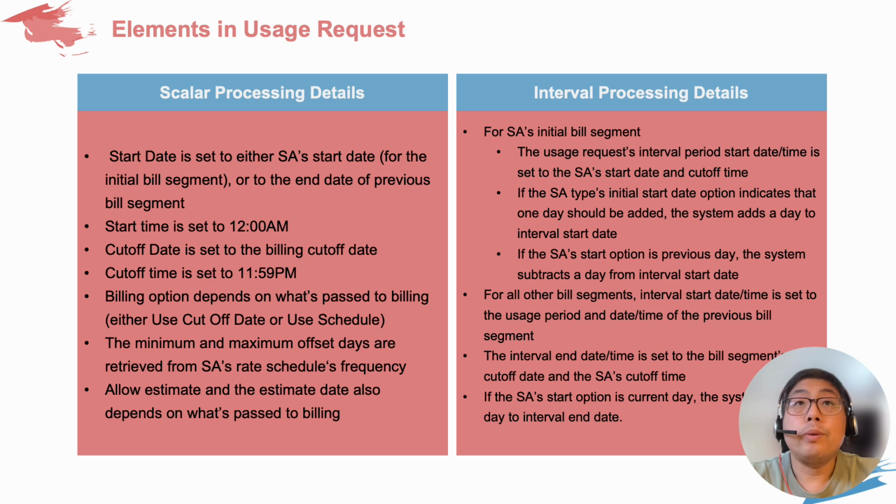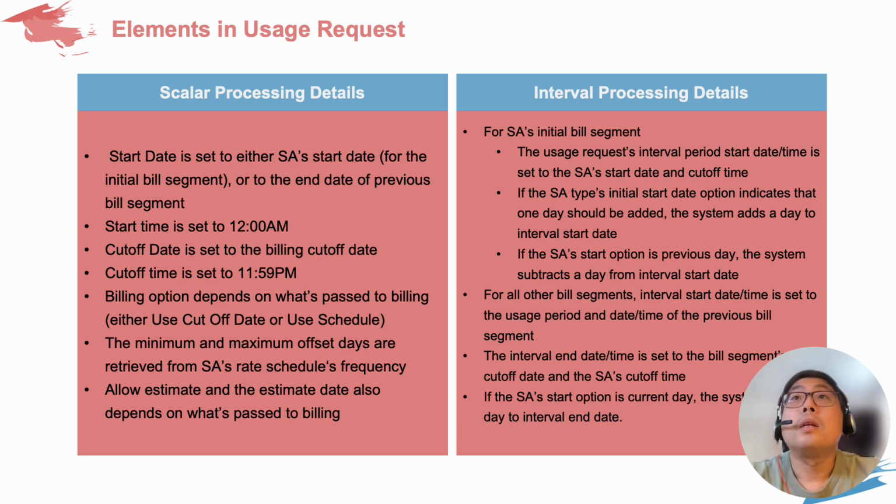And also there is a flag saying, does it allow estimate, and if it's estimate, what is the estimate date? Estimate date can be defined on the bill cycle if it's batch billing, and if it's a manual bill, it's normally just the cutoff date.